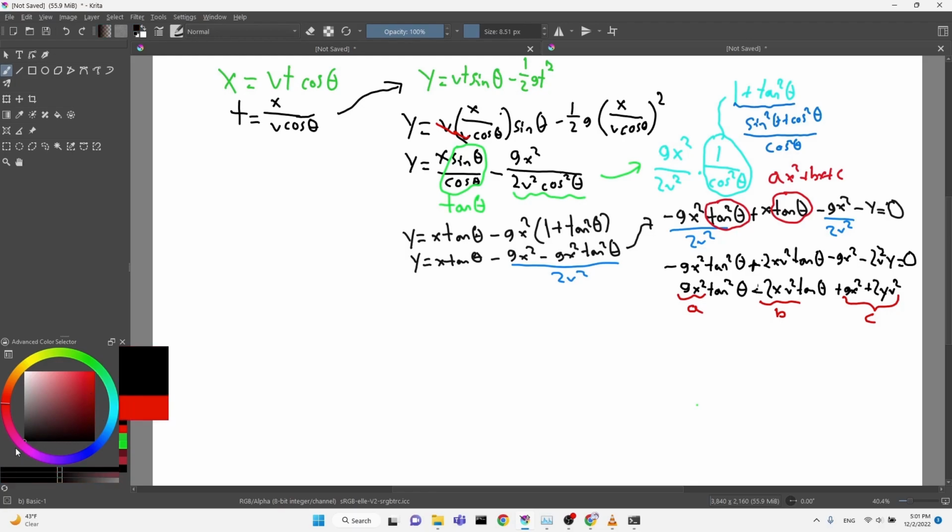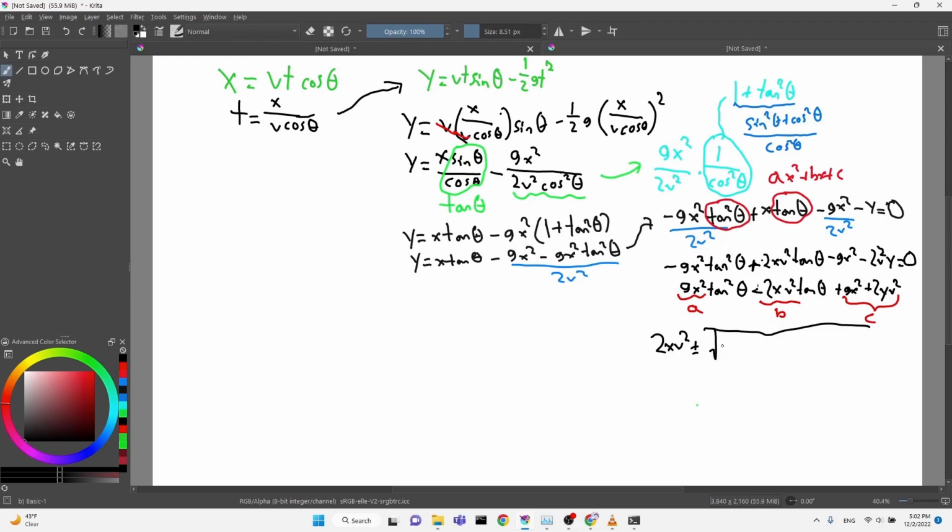Set it back to black. Now, negative b. What's negative b? That's 2xv squared. Plus or minus square root. This is going to be a long square root and a bad looking one.